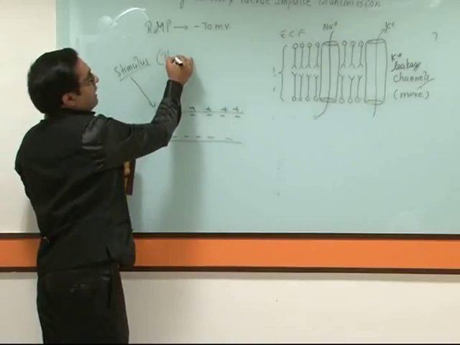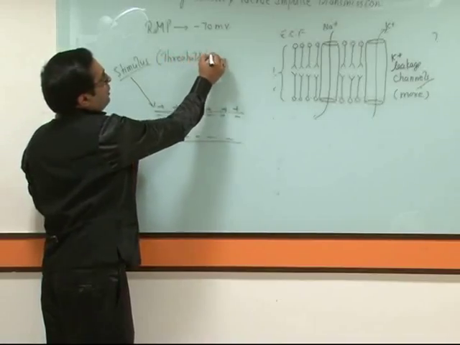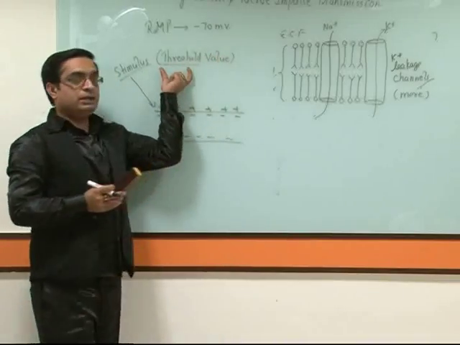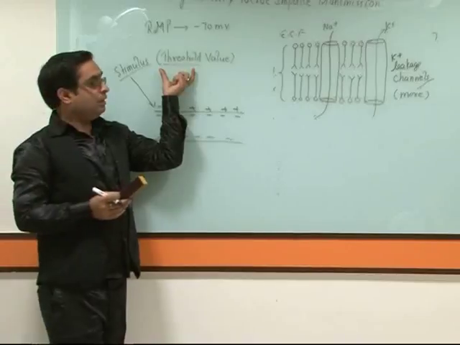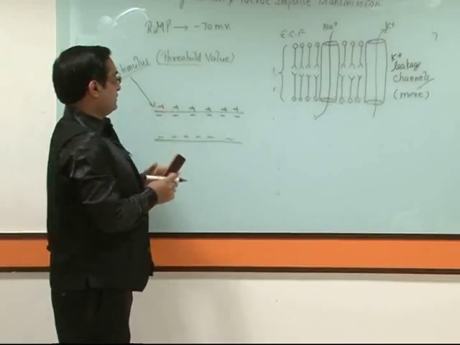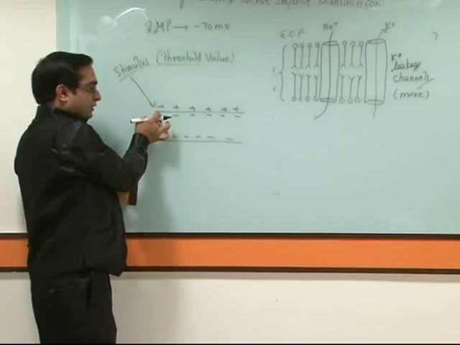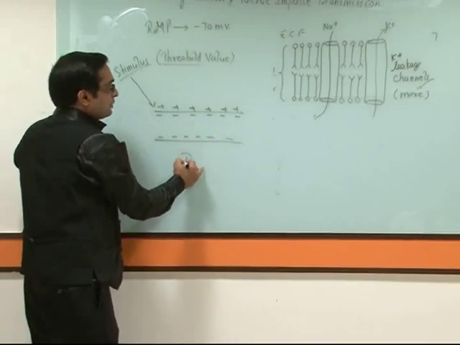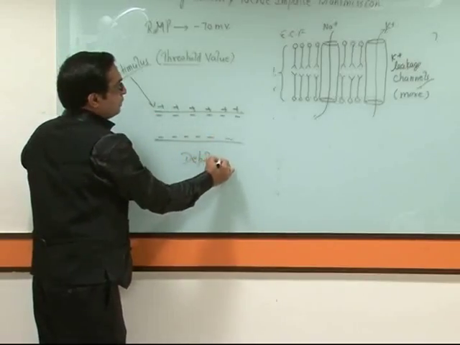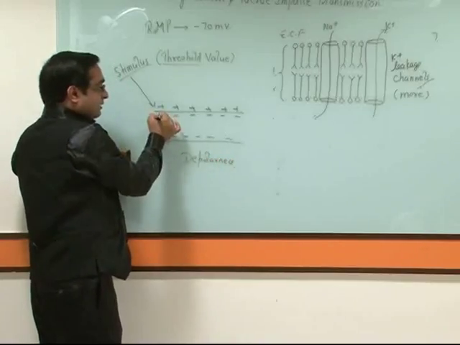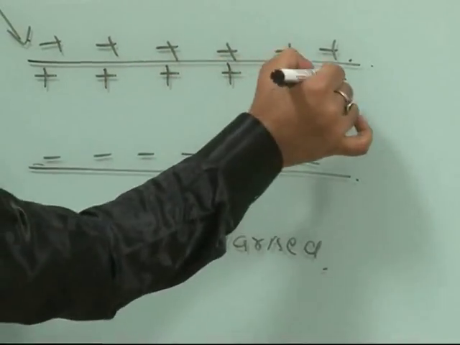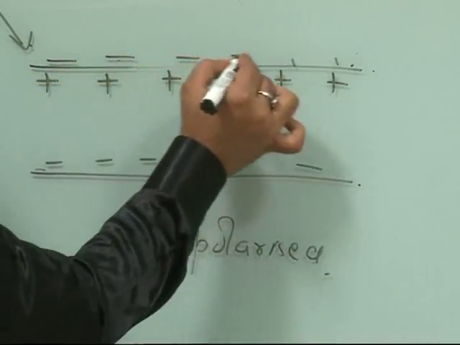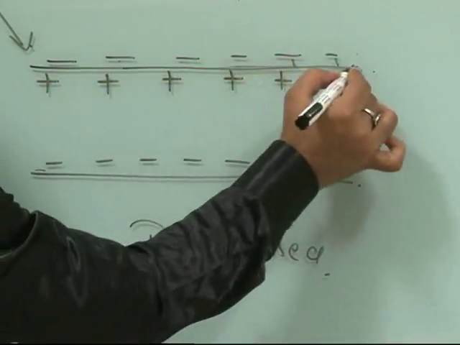The stimulus has to be of threshold value. Threshold means minimum value of the stimulus which is capable of generating a response. If we apply a threshold stimulus, then membrane polarity reverses in a short patch of axolemma. That means inside becomes positively charged and outside becomes negatively charged. The polarity reverses.